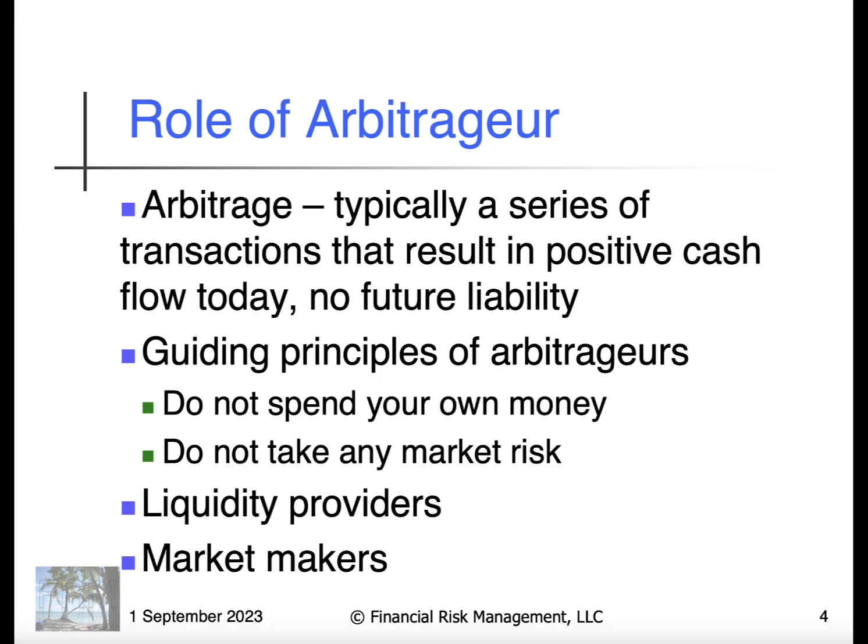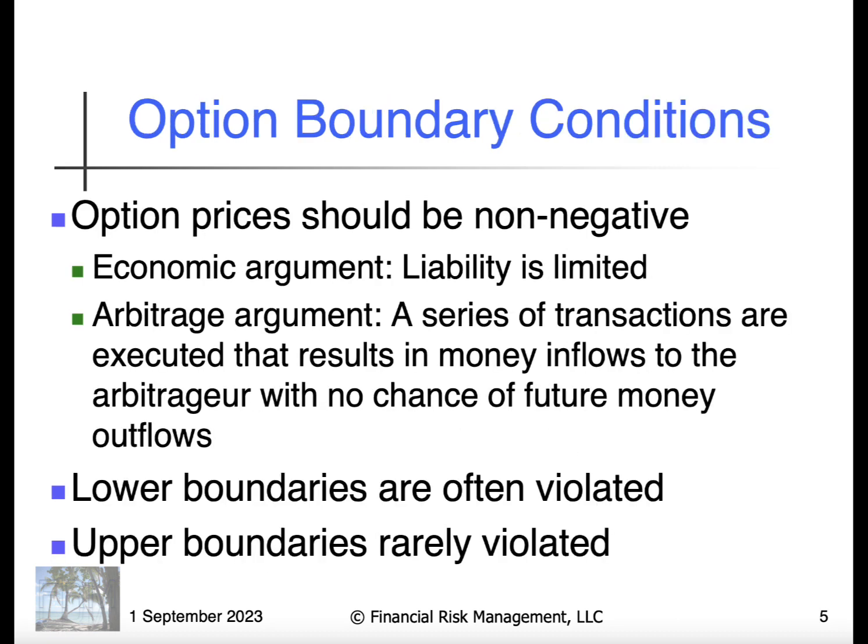Arbitrageurs tend to be liquidity providers, which is an incredibly important function within well-functioning financial markets, and they end up being also market makers. So they set the bid and offer prices for options. Often those bid and offer prices are a direct result of the economic cost of conducting arbitrage transactions.